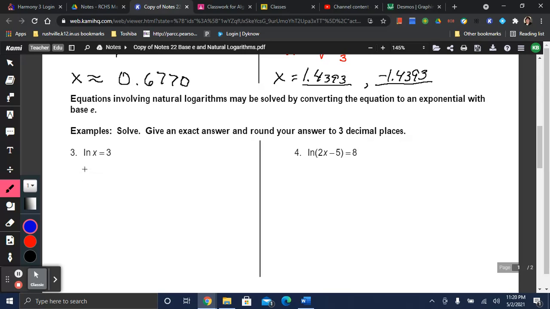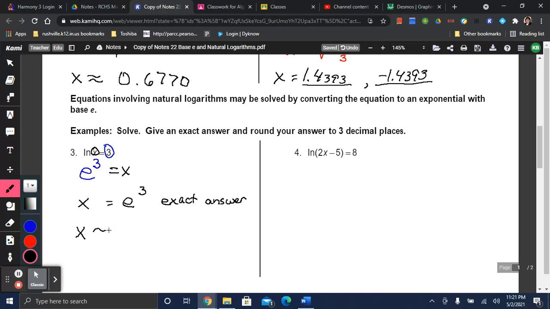So e, and then this is your exponent. E to the 3rd power is going to equal whatever the argument is. So that will equal x. So in other words, x equals e to the 3rd power. That is the exact answer because e is a number, so a number to the 3rd power is a number.